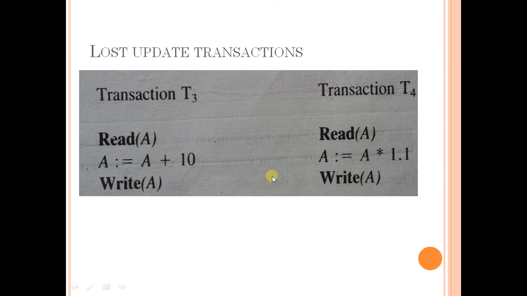However, the value will be different if T3 executes first. If T3 executes first, A will be 200 initially, then 210.